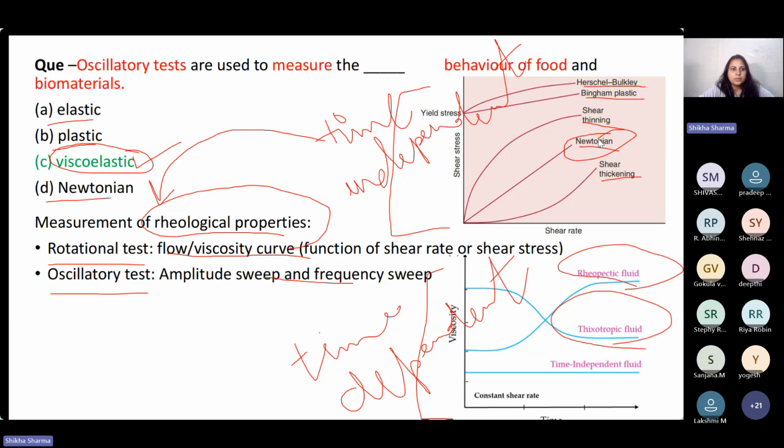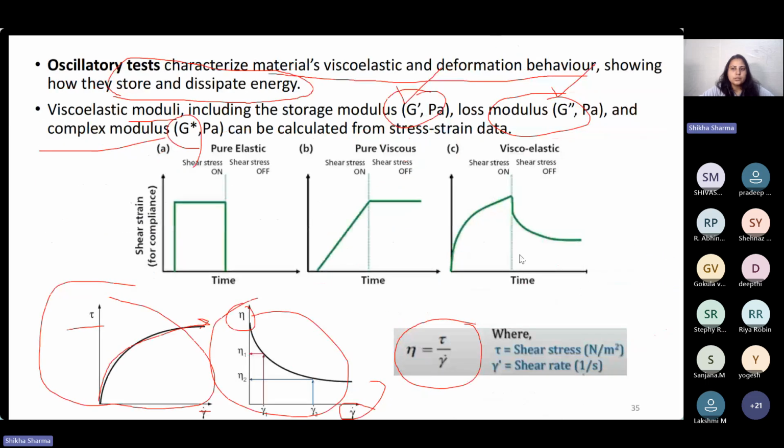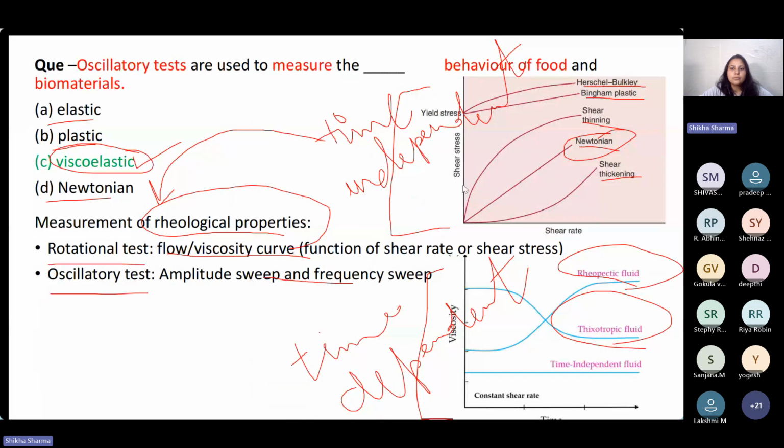With Newtonian, shear stress and shear rate form a straight line, which is directly proportional. In the plastic, after a particular yield stress, we get the same kind of stress versus shear rate, directly proportional, like in Bingham plastic.